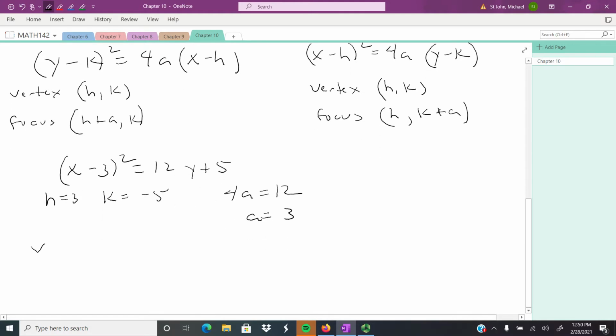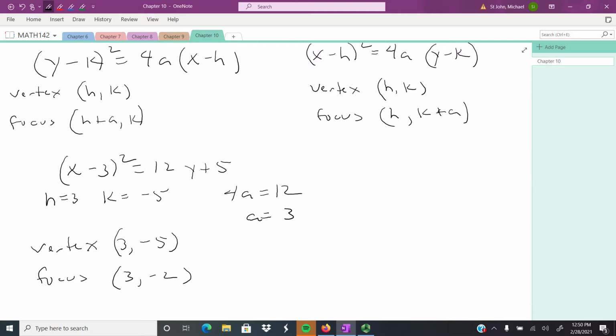So my vertex is at (3, minus 5), and the focus is going to be at (3, minus 2). So that is my parabola.